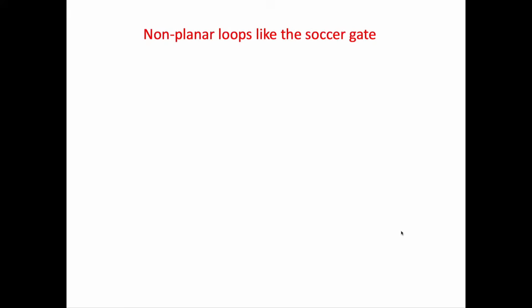Now, what if you have non-planar loops, like the soccer gate or football gate, as you might call it? What I'm going to do is go along here, go up like that, and like that, and like that, and come back here. Now, each side is square root 2 R. Is that the right area for me to consider?